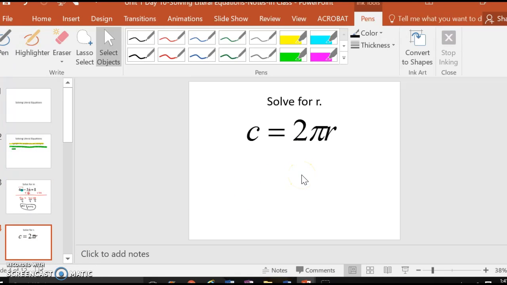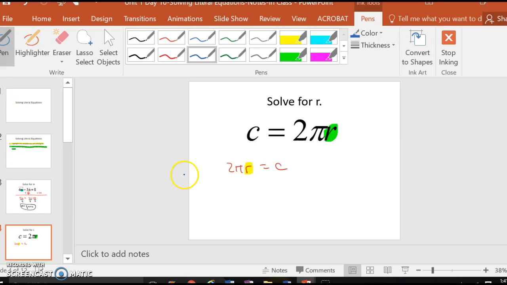Now, the next one, here we are solving for r. Sometimes I like to cover up the left side and write the right side, 2 pi r equals C, because if the variable's on the left side, it's much easier to undo operations. What are 2, pi and r all linked by?